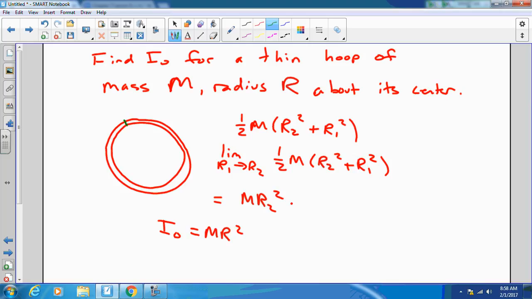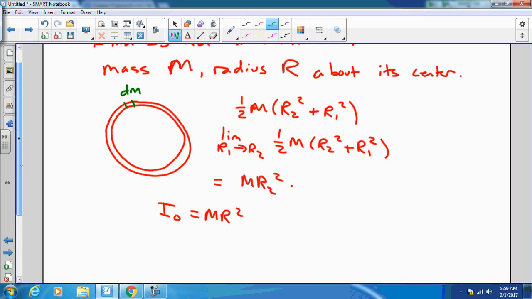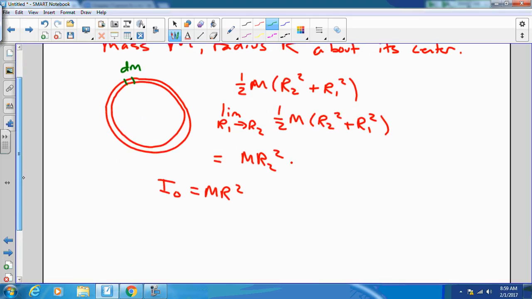Now, I want to come back and see why this result makes a whole lot of sense. Let's consider integrating r squared dm in this way. If I take a small element of mass dm, like so, then I can evaluate that mass, that dm, by considering that it is a small fraction of the entire circle.